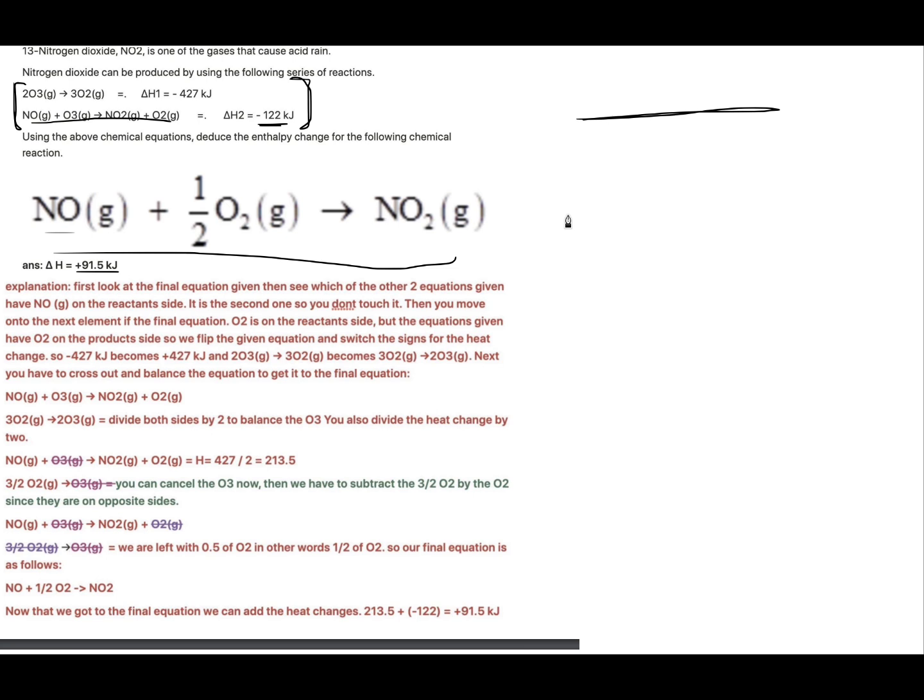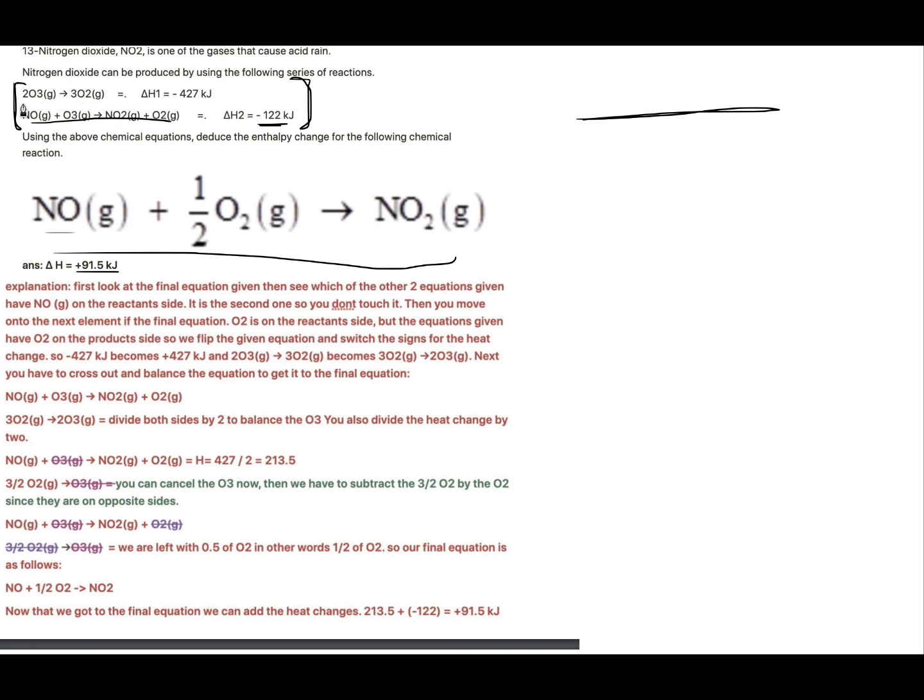Okay, moving on. So we have half of oxygen gas. Which equation has oxygen on the left side, on the reactant side? None of them.